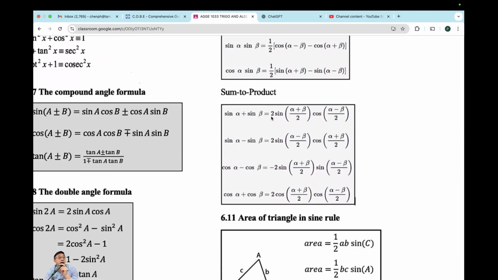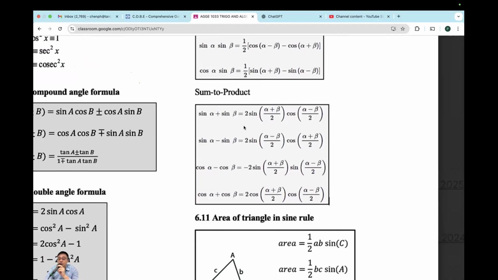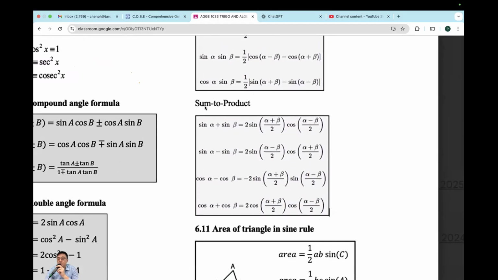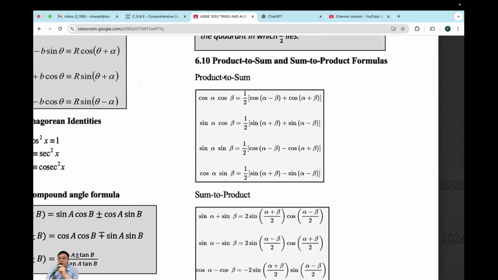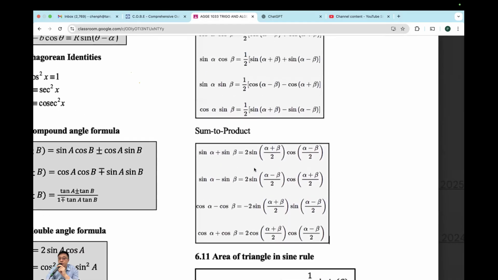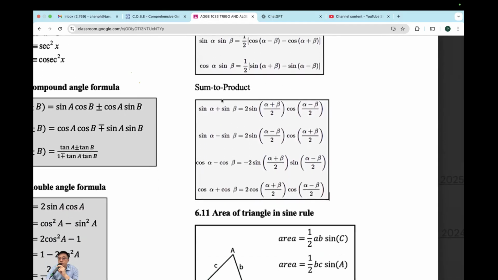This one is a new formula that I haven't covered yet during my last lesson. Last few lessons about trigo I didn't cover. Now I covered it. The sum to product. You can check this out in your formula list, 6.10, we have product to sum and sum to product. So maybe we start from sum to product.